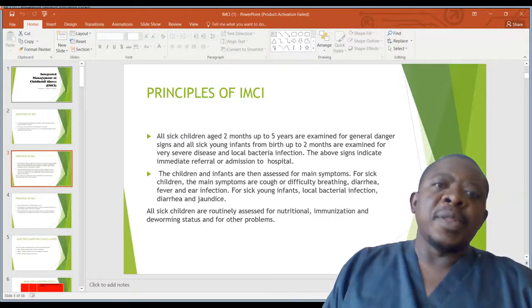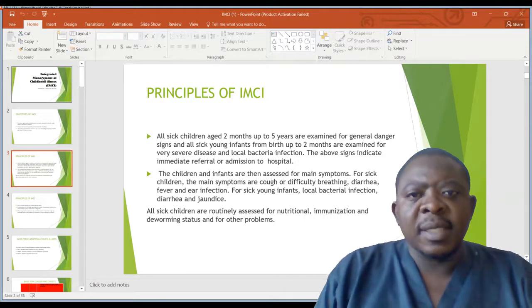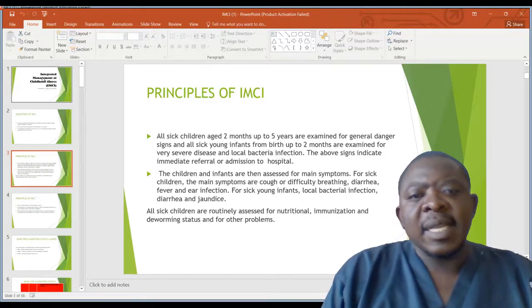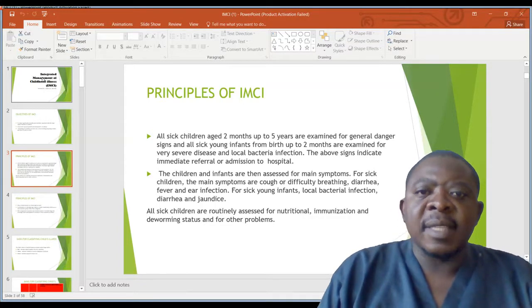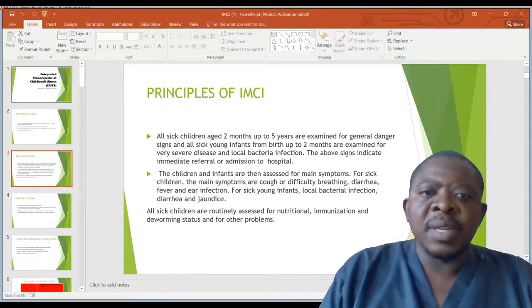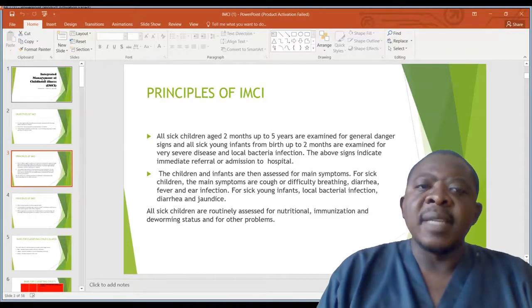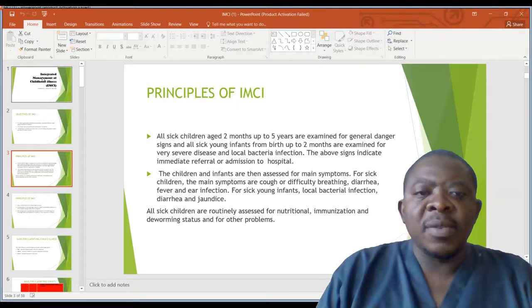The second principle is that children and infants are then assessed for main symptoms. For sick children, the main symptoms are cough or difficulty in breathing, diarrhea, fever, and ear infection. For sick young infants, local bacterial infection, diarrhea, and jaundice should be ruled out.